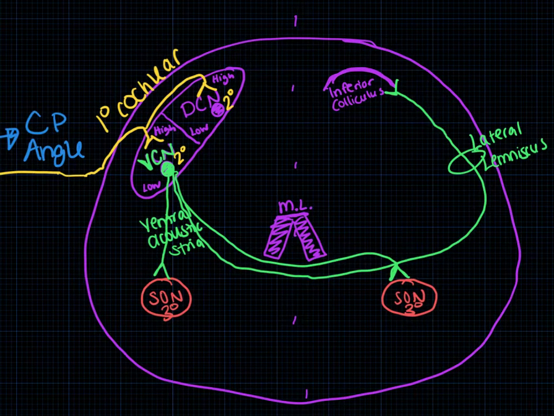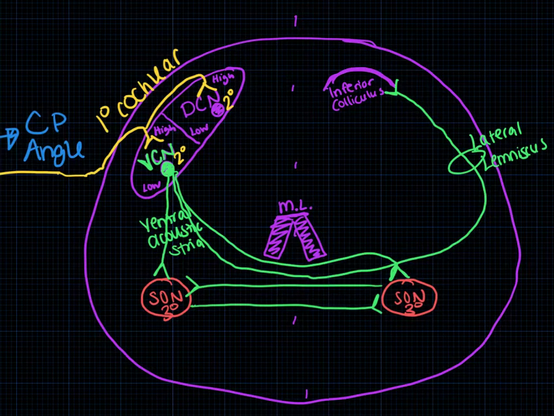The superior olivary nuclei will also innervate the contralateral superior olivary nuclei. Therefore, you can see that the superior olivary nucleus will receive information from its ipsilateral ventral cochlear nuclei, its contralateral ventral cochlear nuclei, and its contralateral superior olivary nuclei.